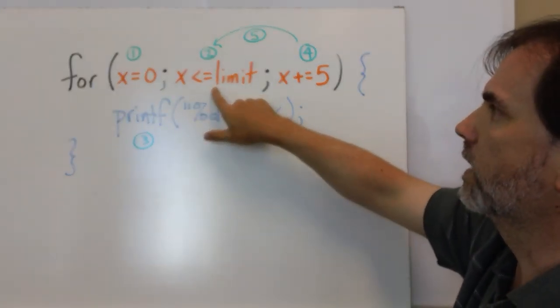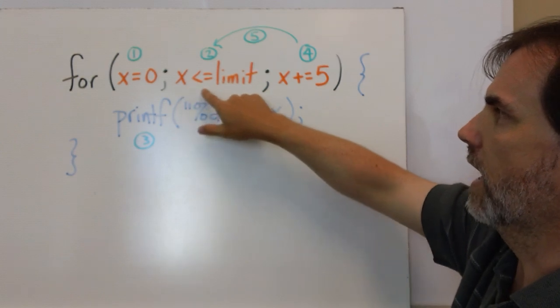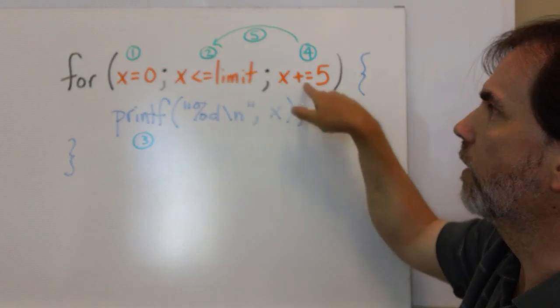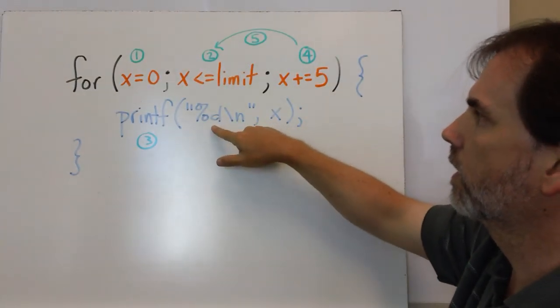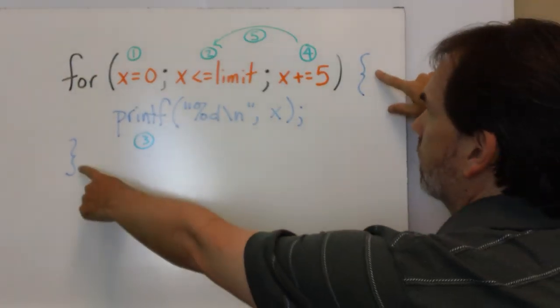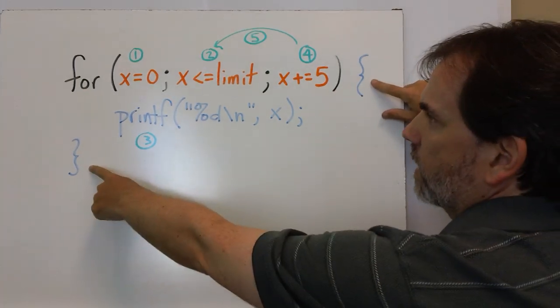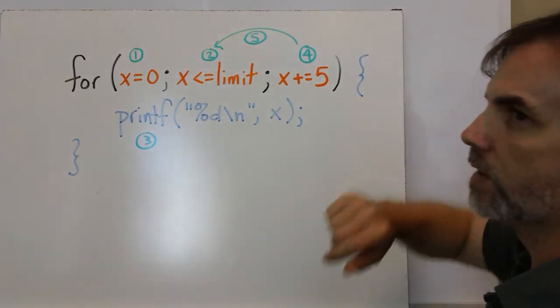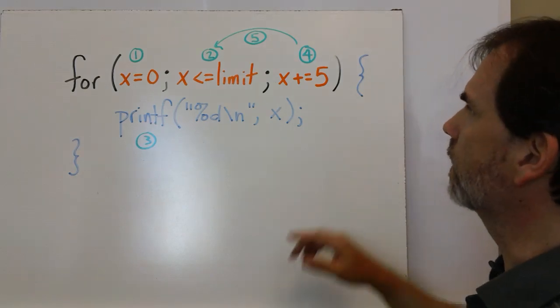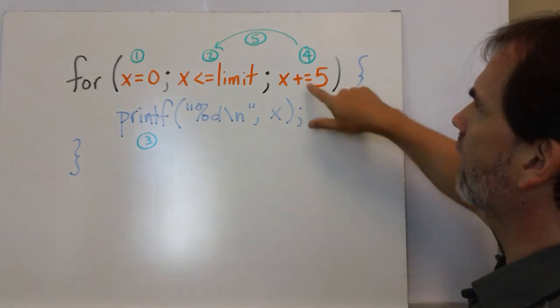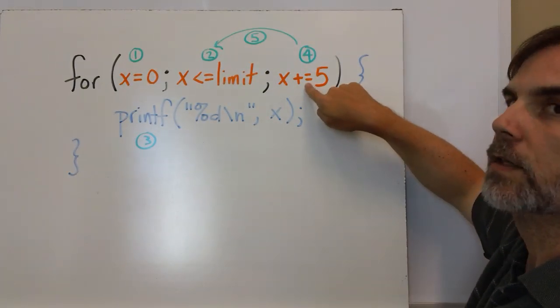Then we evaluate the test expression. Is x less than or equal to the limit? If it's true, we go into the loop. We don't do this yet. We go into the loop and execute the statement. Here's the statement. It's only one statement, so I don't need the braces here, but I put them in because it's a good idea to do so. So we execute the statement, we print the value of x, and then we evaluate this reinit.